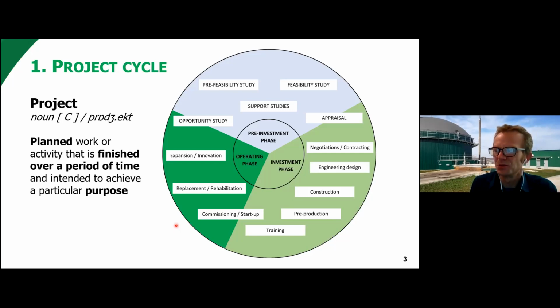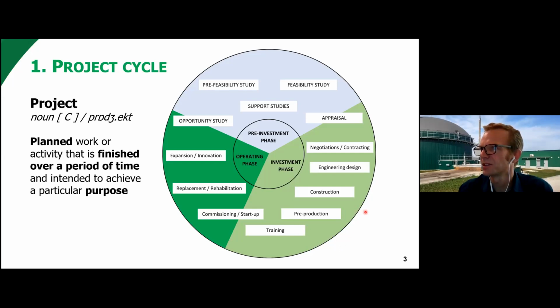I'm sure that you are familiar with some project cycle diagrams. This is one that I like myself. It's from a feasibility study manual of UNIDO that I use myself.